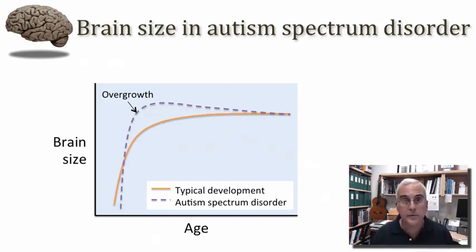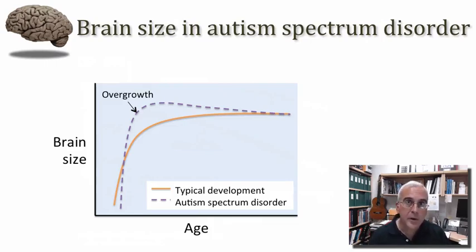Now, I'll give you just one other example, and that's the example of attention deficit hyperactivity disorder. In this disorder, commonly known as ADHD, rather than there being an acceleration of synaptogenesis, there seems to be a decrease in the rate of synaptogenesis, such that the cerebral cortex, again, mainly in the frontal lobe and in parts of the temporal lobe, seems to be thinner than in typically developing children that don't have this disorder.